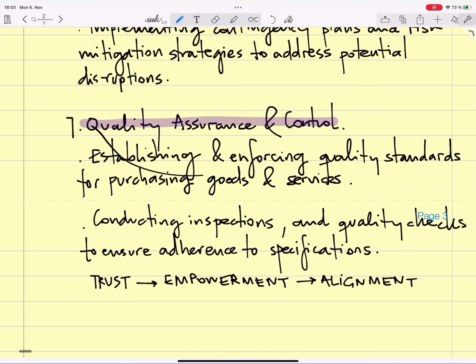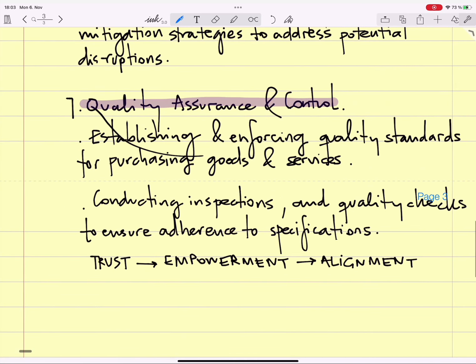Okay, so with the quality assurance and control, you are empowering people, you're empowering your supplier's organization, and you do that by installing certain standards of quality and control processes. This only works if your supplier has a trust relationship with you, and you both are trustworthy.